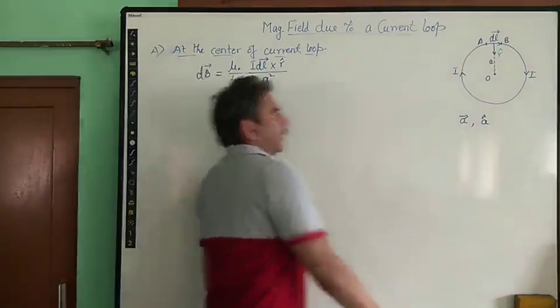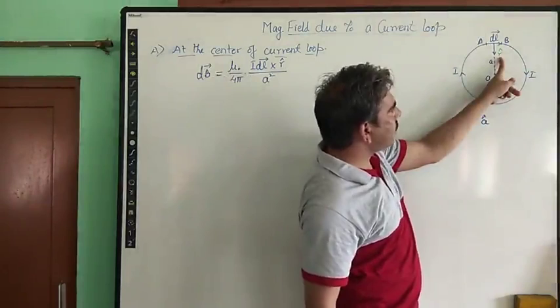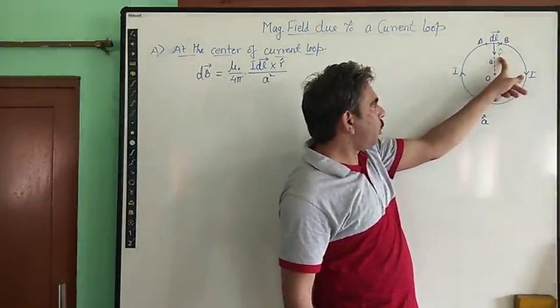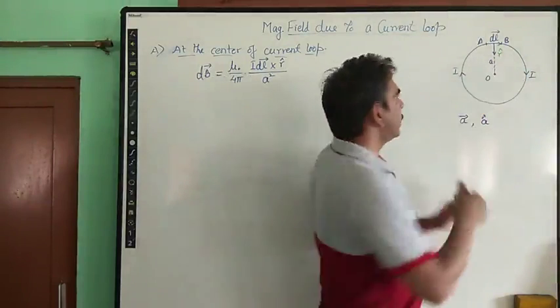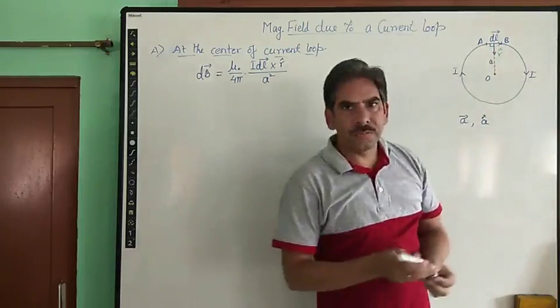From here we understand that one vector is I dl and the other vector is this. If you observe the situation carefully, you find that this angle is a right angle.